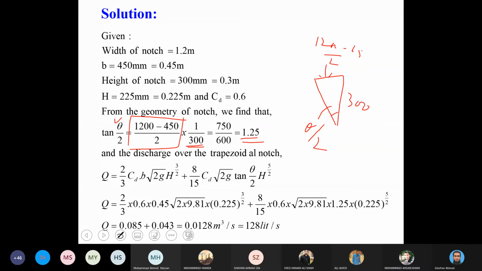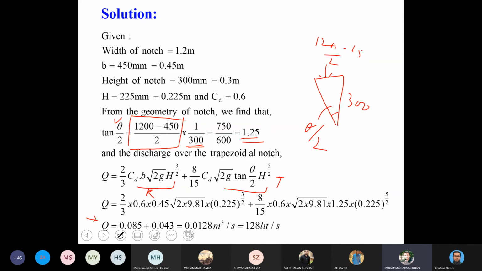So now you need to add one rectangle and one triangle. When you solve it, you will be able to find the exact discharge Q. Any question? Okay, so this is all about the notches.